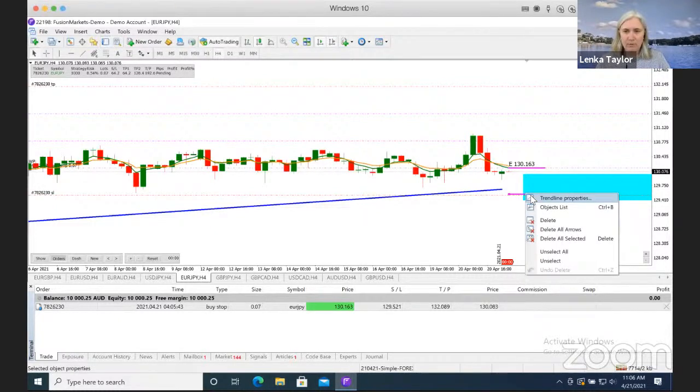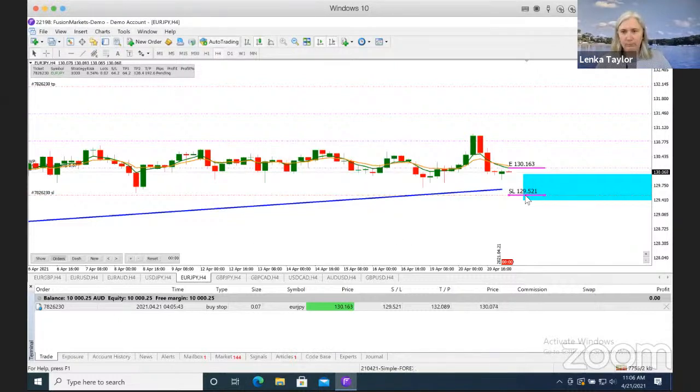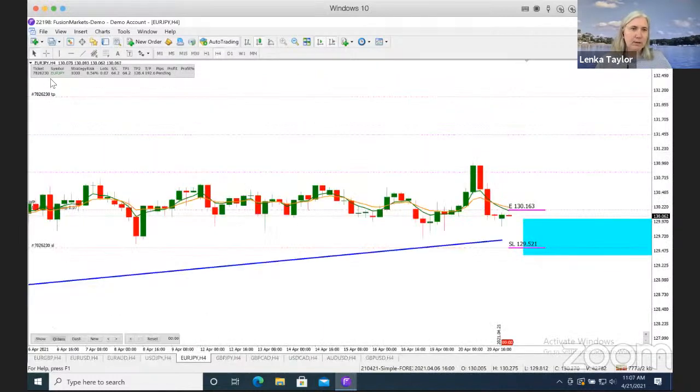The stop loss is at 129.521. Okay, so that's that. Now let's look at the profit target.